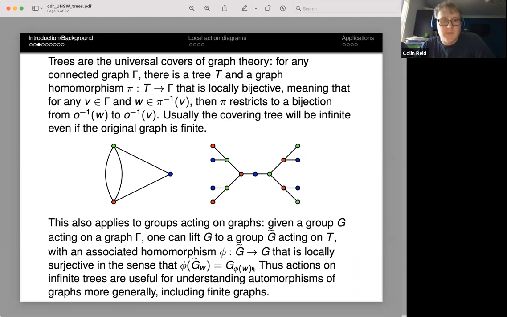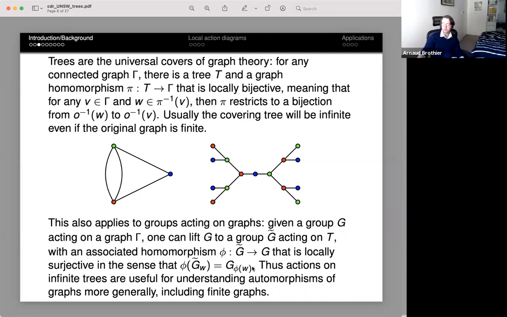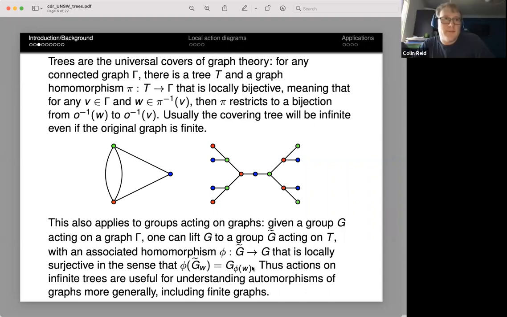I mean, basically the kernel of the map from G tilde is the sort of group that has trivial local action everywhere, and I'm about to get onto local action. So there's sort of a kernel of the local action. Like for a very small group, like Z over nZ or something like that. Yeah, if you had, say, a triangle, then the automorphism group of that is, what is it?